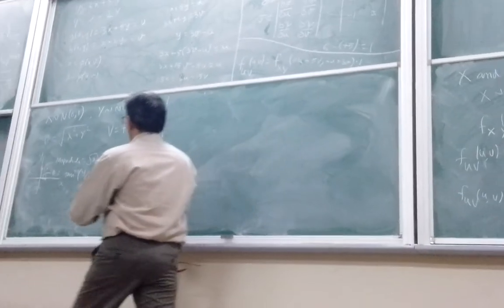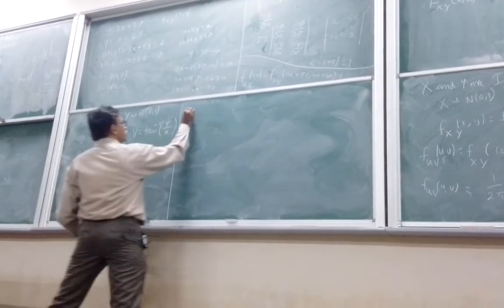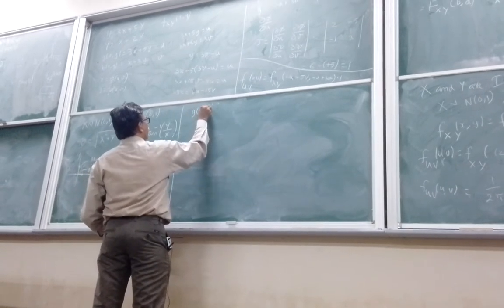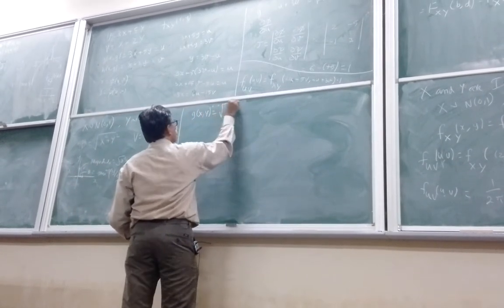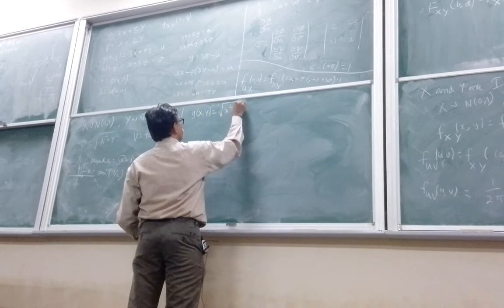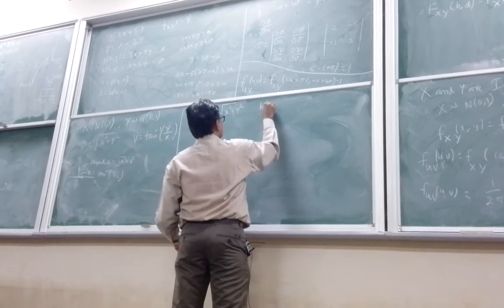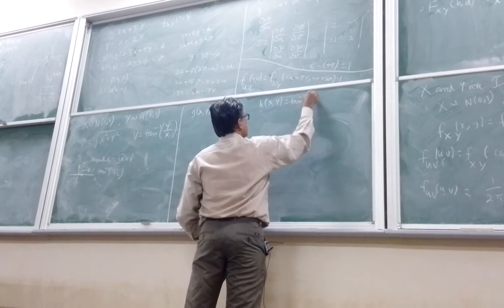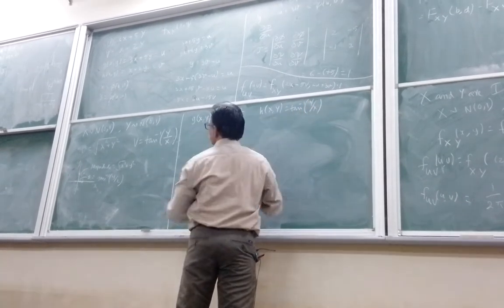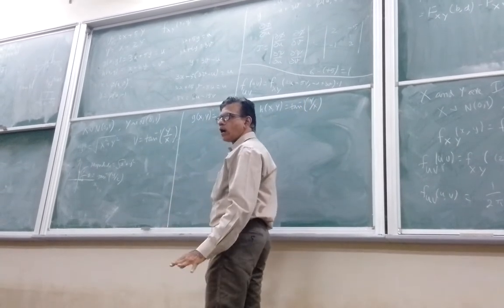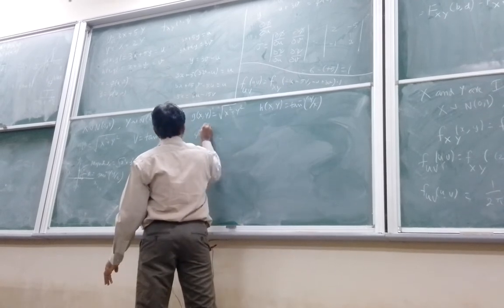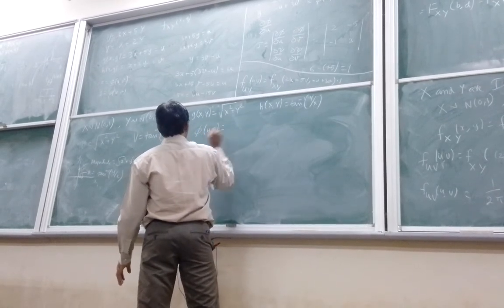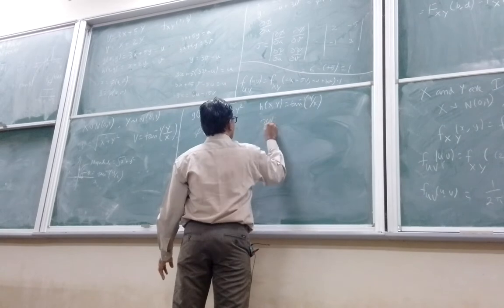So now how do we do it? Now g of x comma y is square root of x square plus y square. H of x comma y is tan inverse of y by x. These are the two functions that are given. Now we are looking first for an inverse function, phi of u comma v and psi of u comma v.